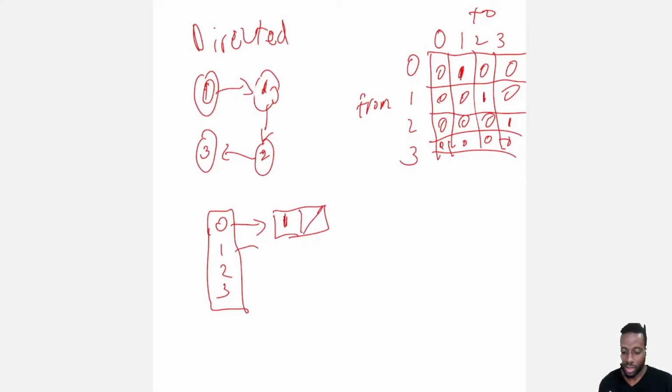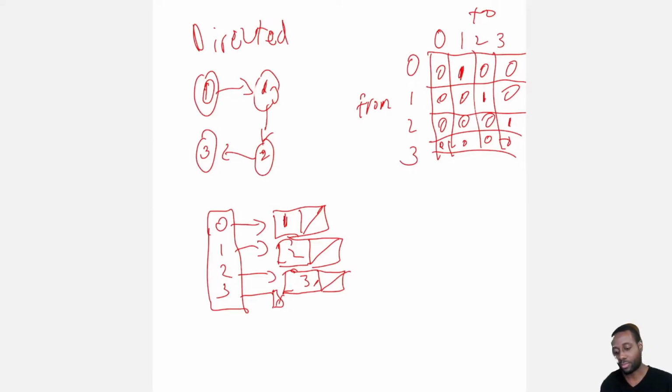From 1, we can go to 2, and then it points to null. Then 2 can go to 3, pointing at 3 now. Then 3 is null, because 3 can't get anywhere.